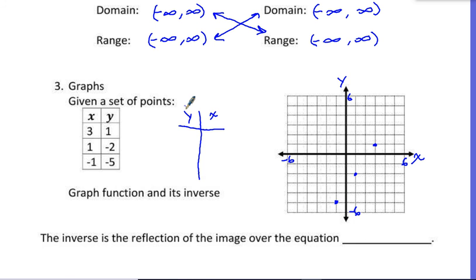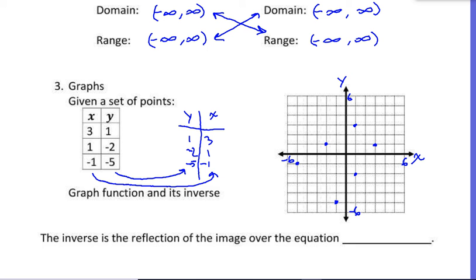And this y will be the new x, and this x will be the new y, right? So this column becomes the new y's, and this column becomes the new x's. So 1, 3, negative 2, 1, negative 5, negative 1. Negative 5, negative 1, negative 2, 1, and 1, 3.